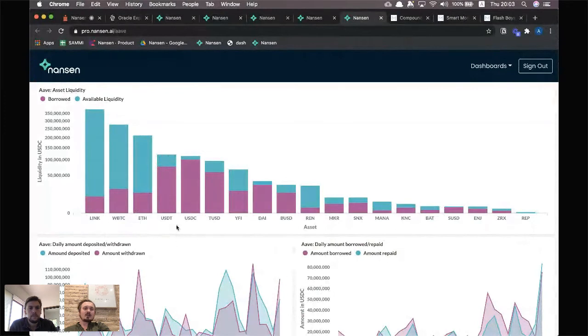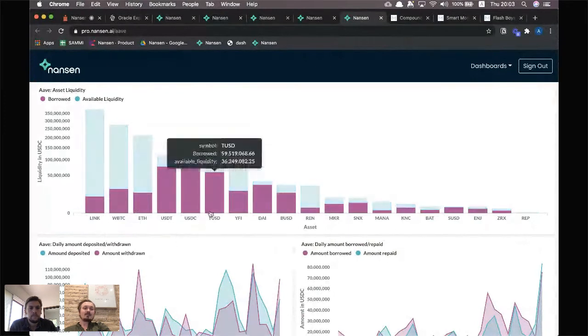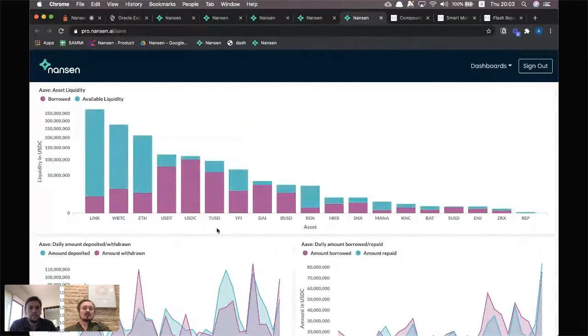For example, for the stable coins, the borrowing percent is very high. That's probably because the price doesn't swing that much, so you can afford to take risk getting close to the ratio of what you can borrow.